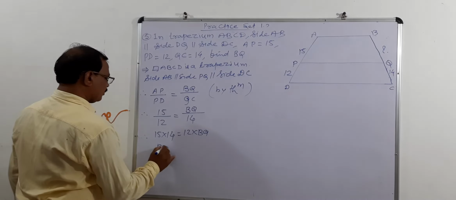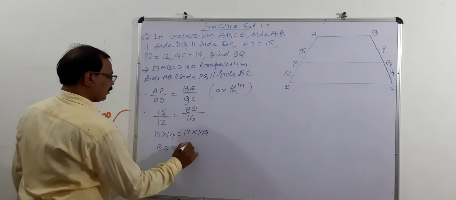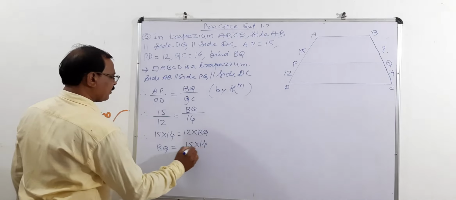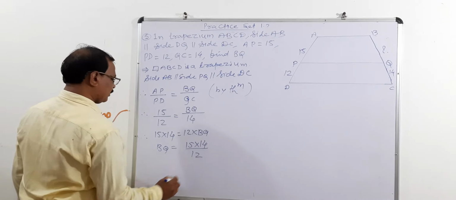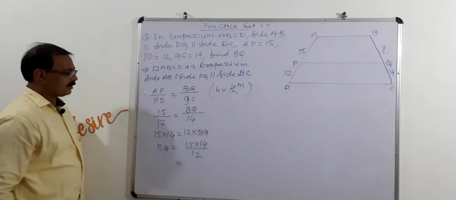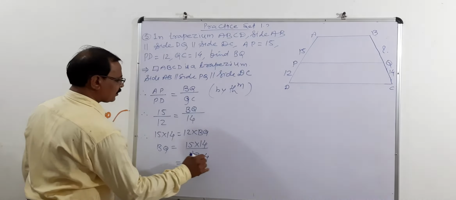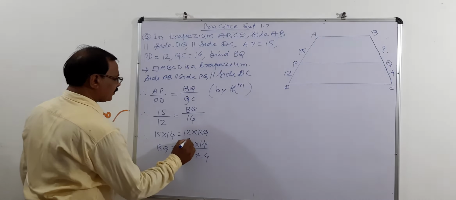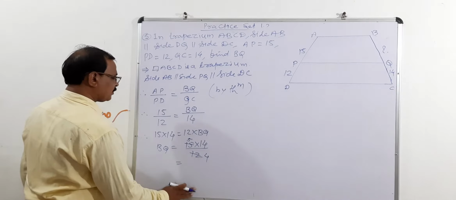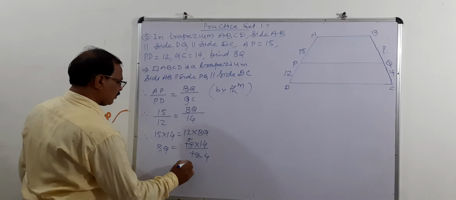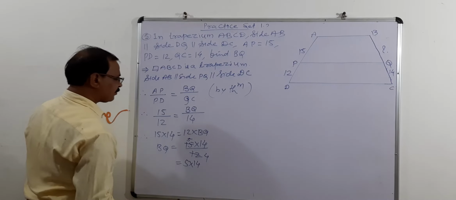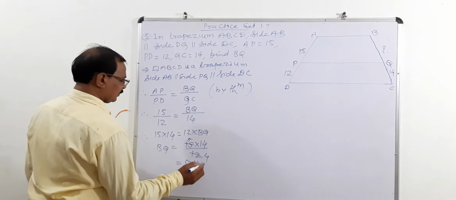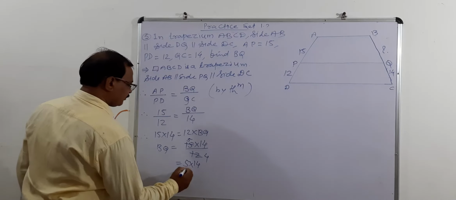So BQ is equal to 15 into 14 divided by 12. Okay, make a cancellation. 3 4s are 12, 5 into 14. Again, you can cancel here.